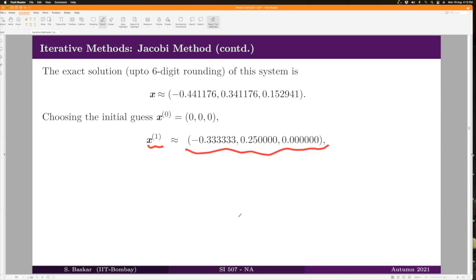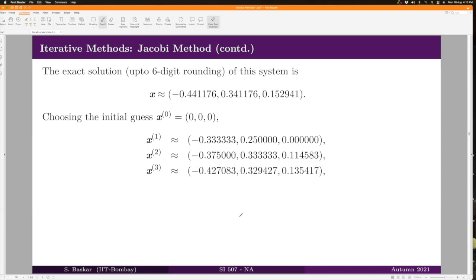You can just compute and see. Once I get x1, I again plug x1 into the right hand side of the Jacobi sequence and get x2, and again plug x2 into the right hand side, get x3, and so on. Now after every computation, let us see how we compare our terms with the exact solution.